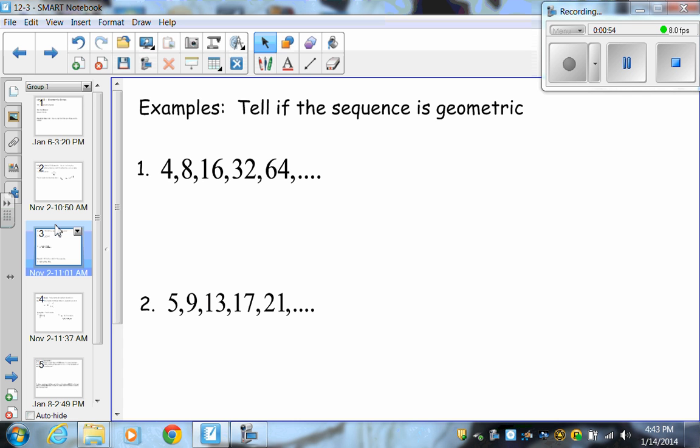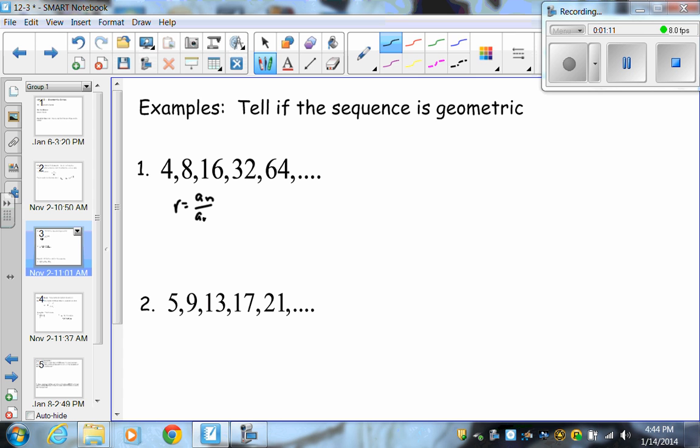So first thing, we're just going to review how to tell if a sequence is geometric. If we're looking at the sequence here and we want to see if it's geometric, r equals a sub n divided by a sub n minus 1. I like to start at the furthest term out and work my way in.